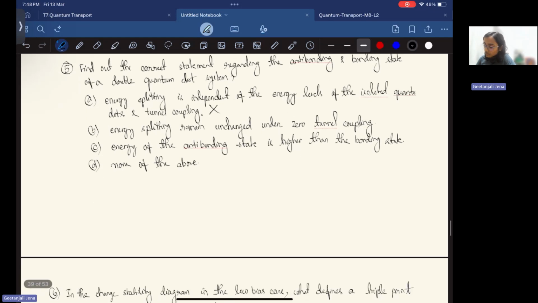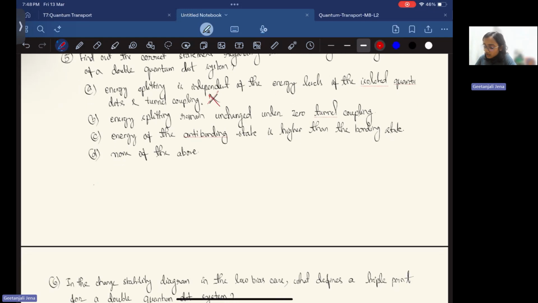This is not true because if you recall, the energy splitting between the antibonding and bonding state, which is EA minus EB, is given by square root of delta E square plus 4 times T12 square. So this energy splitting depends on the energy level of isolated atom, which is delta E here, and it also depends on the tunnel matrix element, which is T12. So that means option A is not a correct option.